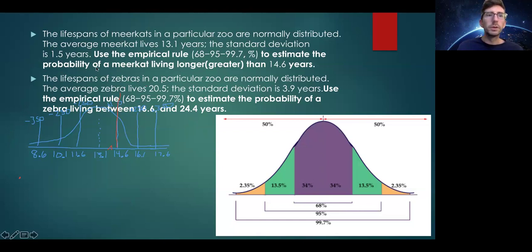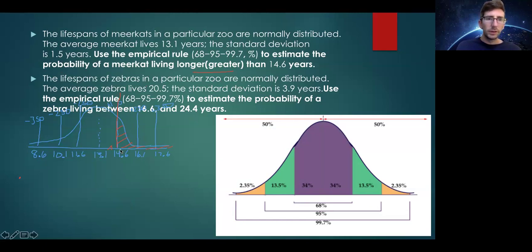But this time it wants to know the probability of any of the meerkats living longer than 14.6 years. So now what do we want? Now we want the area under the curve to the right of 14.6.